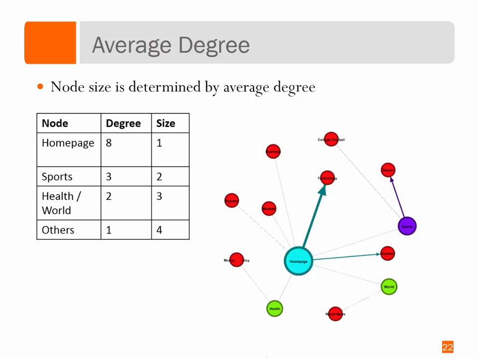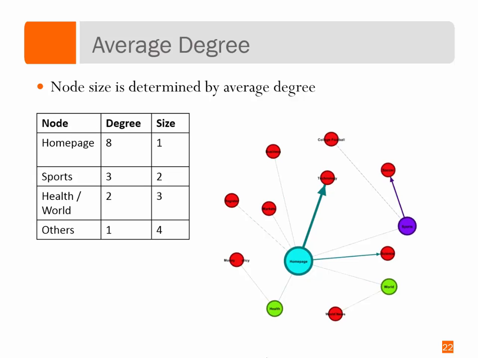So 1, 2, 3, 4, 5, 6, 7, 8, ending on that last strong relationship with the technology. So basically 8 degrees, and so we assign a size of 1 to the homepage node. And you can see it is the largest in the picture.